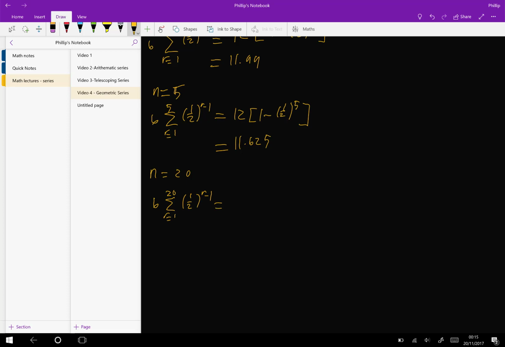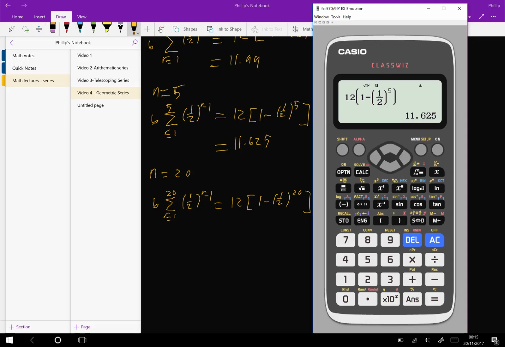Well, we've got 12 times by 1 minus a half to the 20. So this now, I mean, 11.625, 11.99, is going to be like 12.5, 12.2 or something, right? Surely. Let's have a look. No, we've got 11.999. We're even closer.